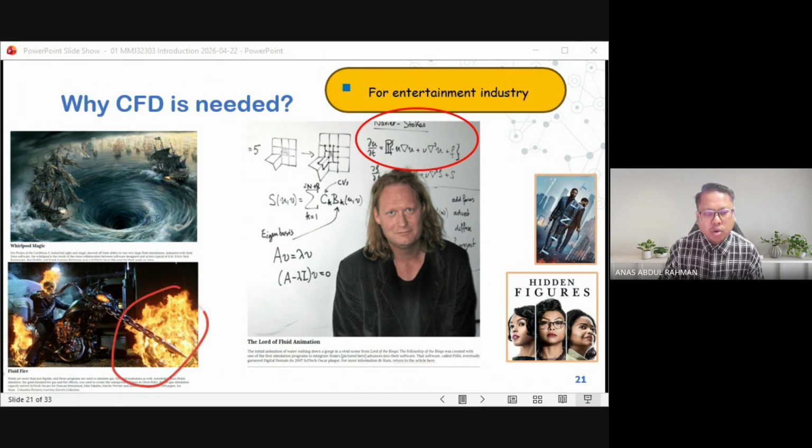All the cool effects that you are looking at right now use the basics of CFD. If you look over here, that's the Navier-Stokes equations. This guy is among the first to use CFD in movie animation.